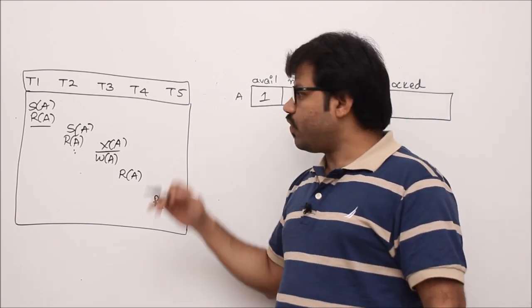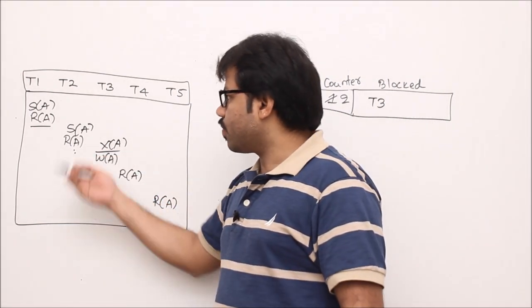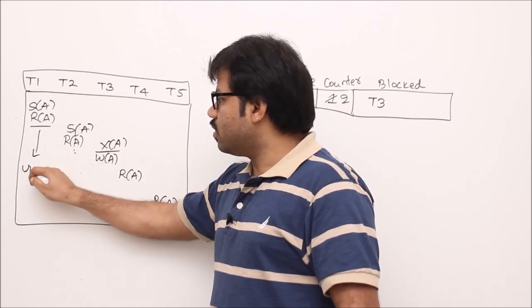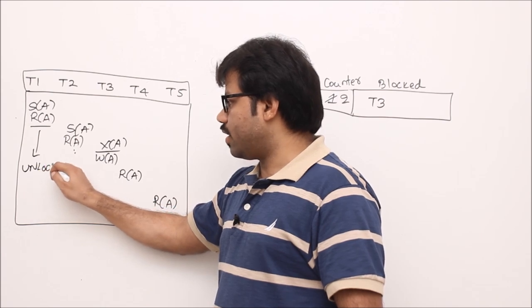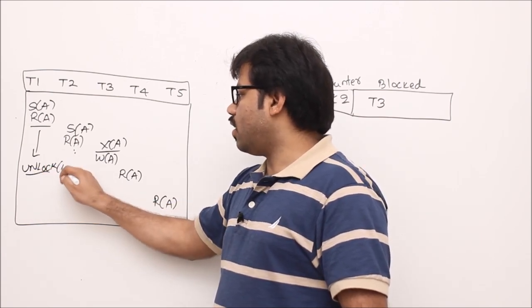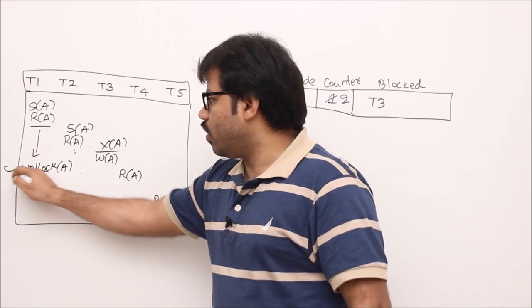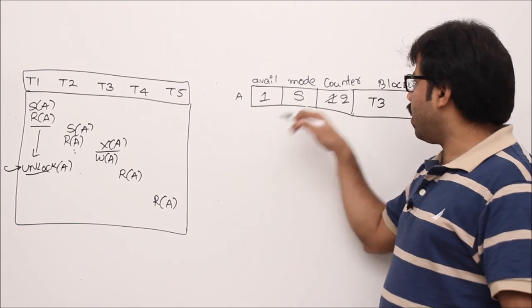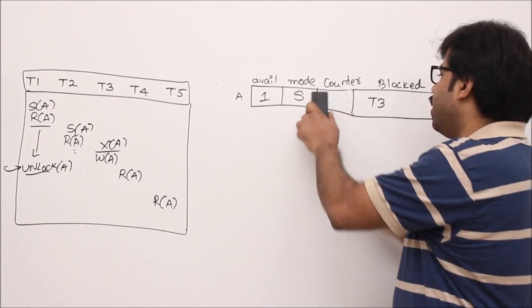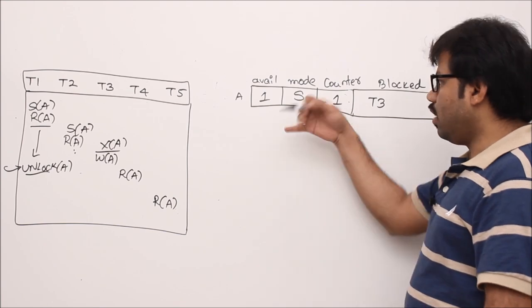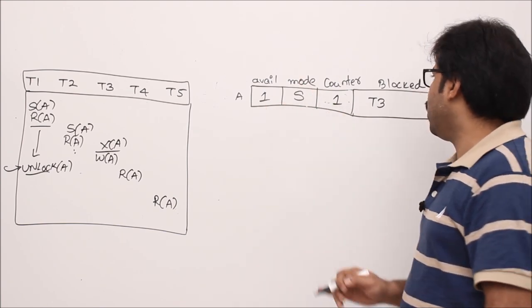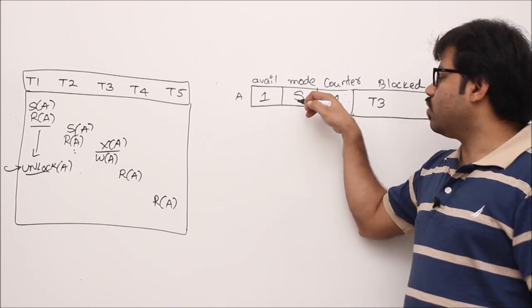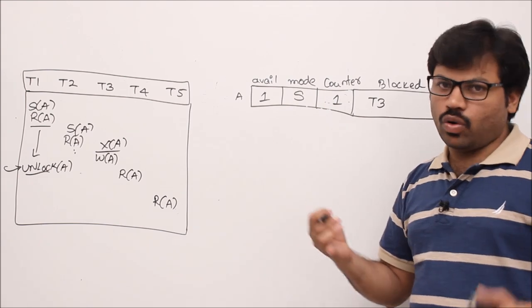Next, after some time, let's say T1 gets a chance, and since T1's read of A is done, T1 releases the lock. Your DBMS will execute unlock of A, and the counter will be made 1, mode and availability are unchanged, but the blocked transaction will not be removed, because one transaction is still holding the lock.